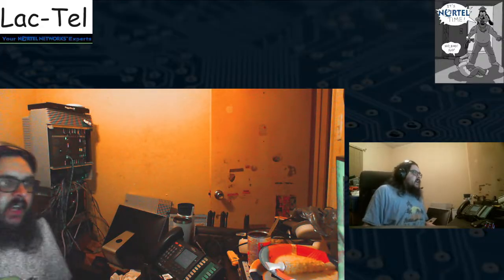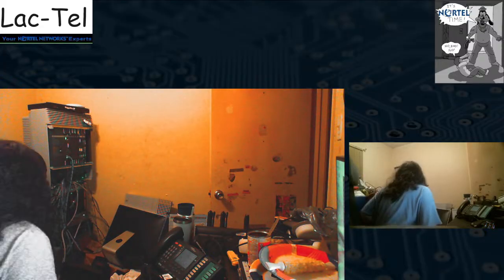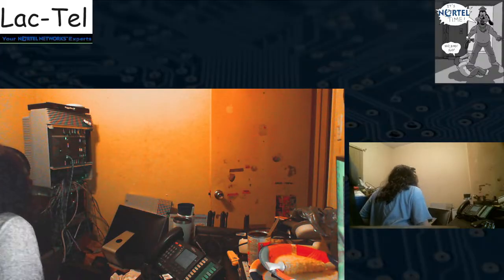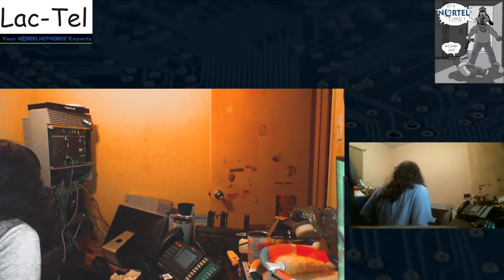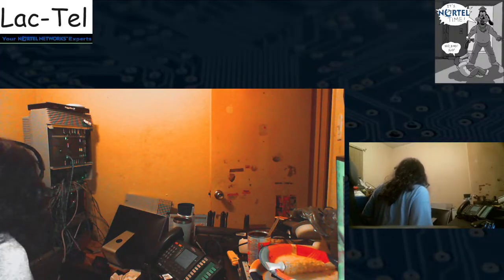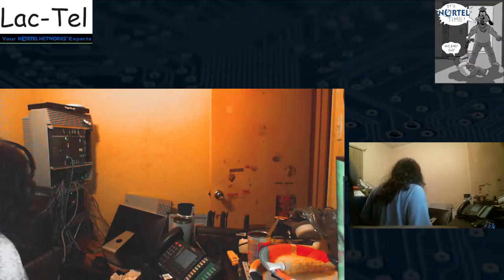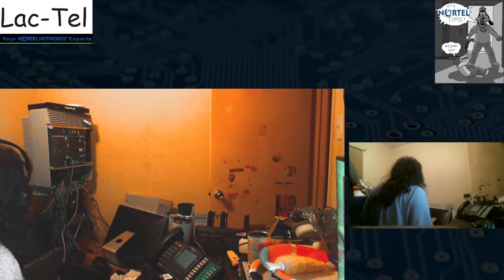Looks like we've got the fans starting to power up. It's getting a little warm in here. I keep the server room around 78 degrees because, unfortunately, power is expensive and that Meridian draws a good amount of power.